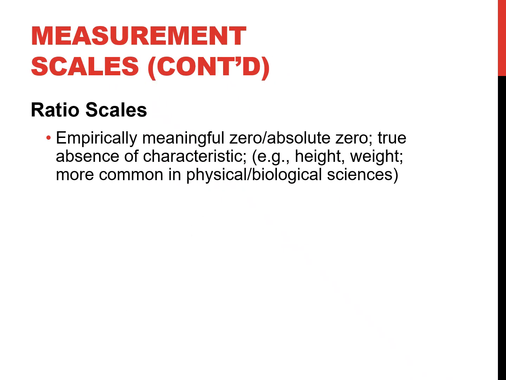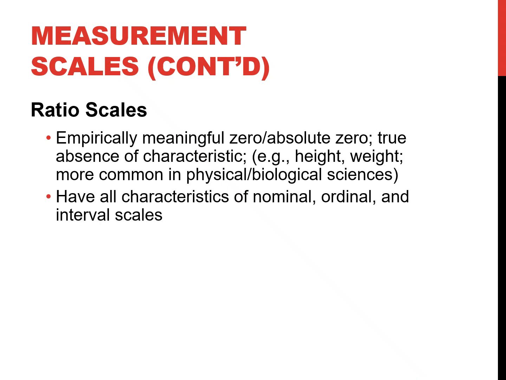Ratio scales are generally used in scientific studies, and there is an absolute zero, so something can hypothetically be zero. They have all the characteristics of the nominal, ordinal and interval scales, and can be converted into ordinal scales. A typical example would be asking someone their age. In my case, you'd put 29. In your case, you'd probably put 19.